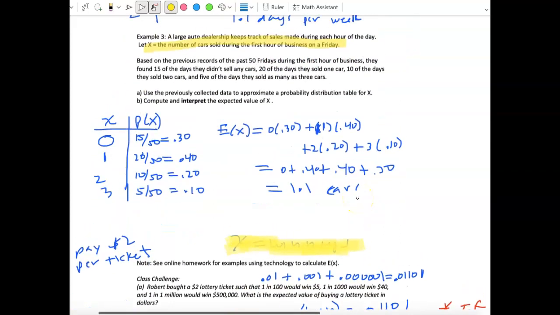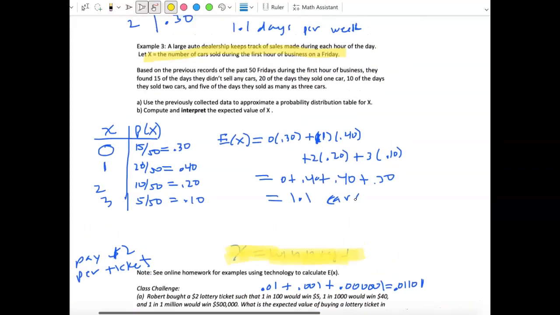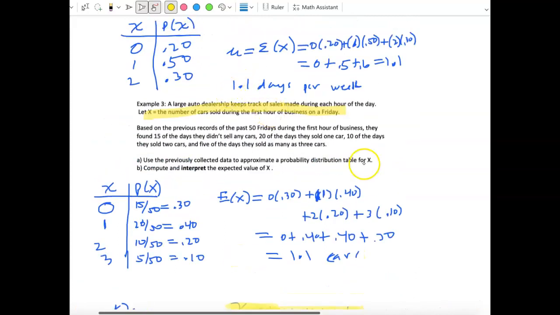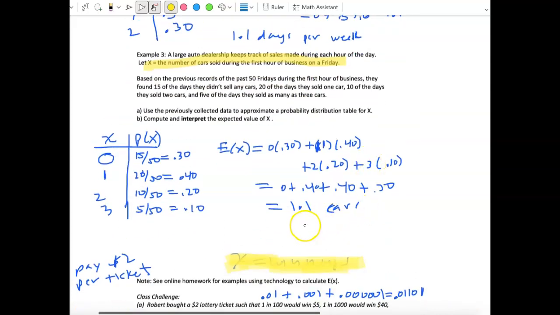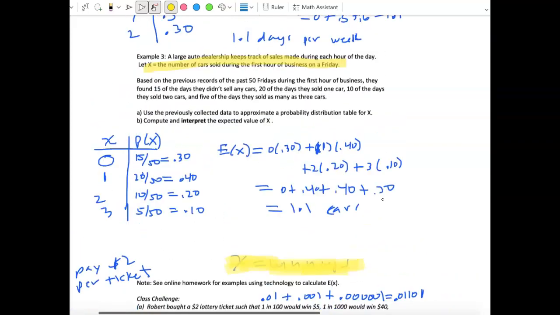We would expect about 1.1 cars to be sold, just a coincidence it's the same value, on Friday morning. Of course, you can't sell 1.1, but again, this is on average. So you would say that more likely 1 car is sold. Although you can get 2 and 3, in general, it's 1.1 cars. It gives you a sense of the expected value, how many you expect to sell on a Friday morning.